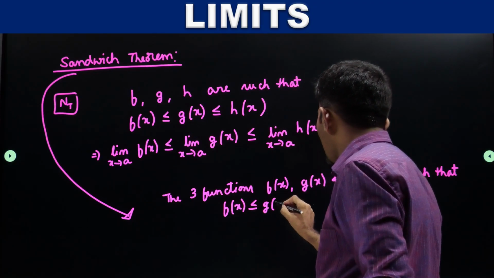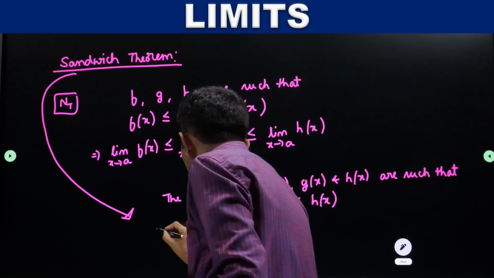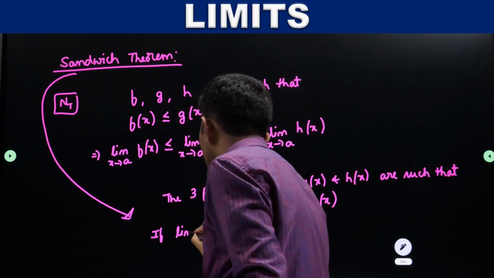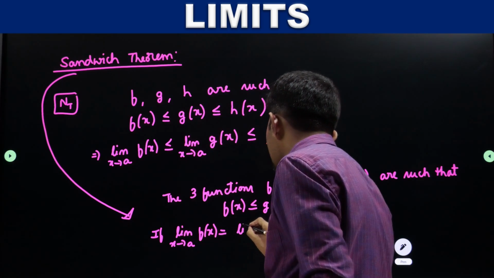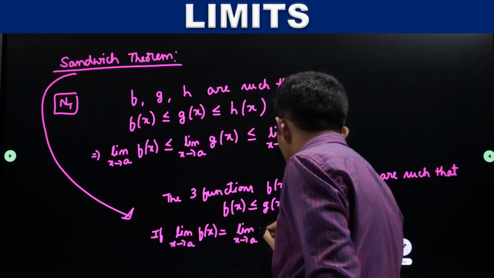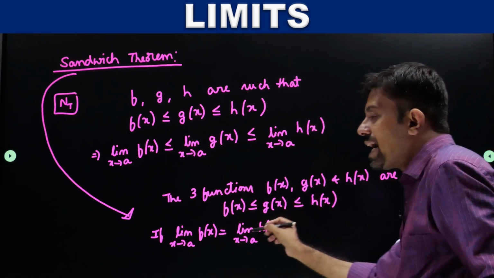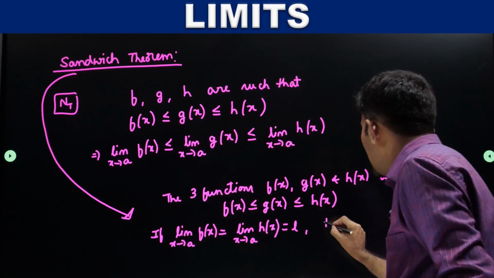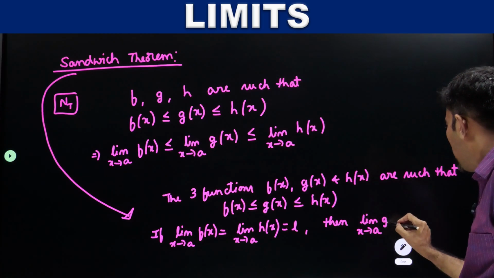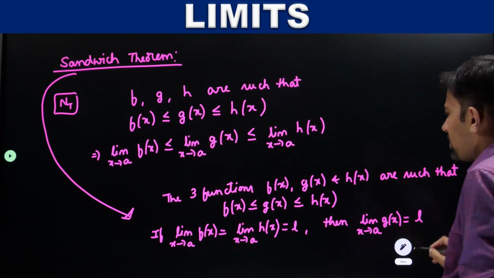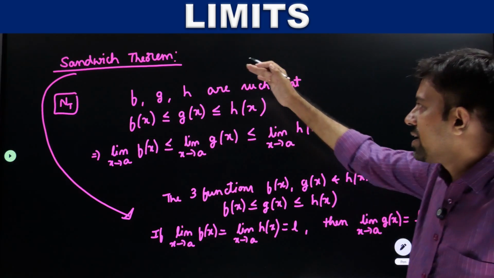Then if the limit as x tends to a of f of x and the limit as x tends to a of h of x both become L, then the limit as x tends to a of g of x is also equal to L. This is the sandwich theorem.